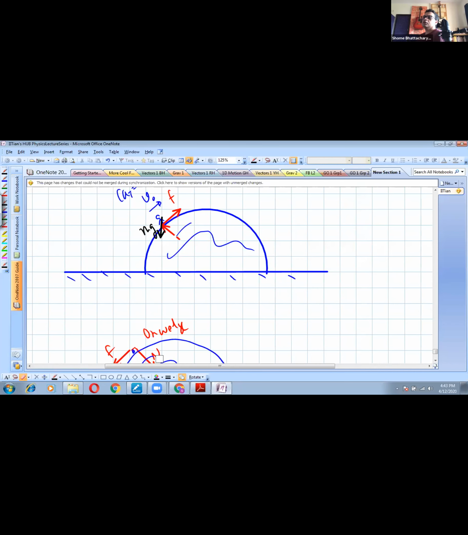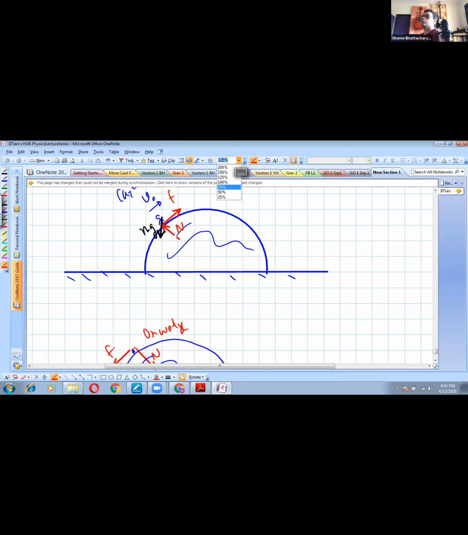Just to make this diagram a bit clear, if you combine these two diagrams, you will get the total picture of forces. I have not drawn them in the same place, but these are all the forces on the system.